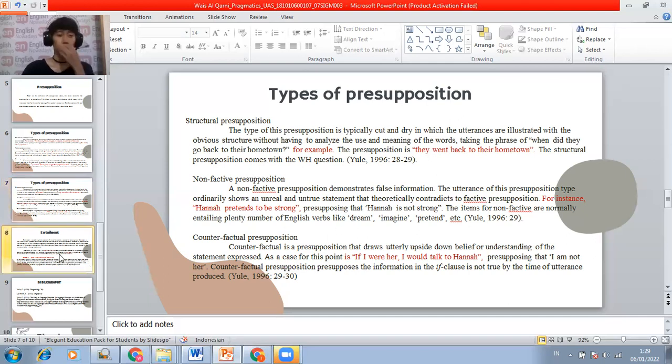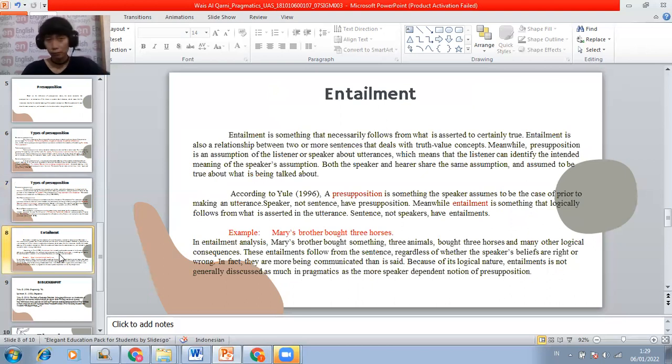Now we're moving to the entailment. The entailment is something that necessarily follows from what is certainly true. The entailment is also a relationship between two or more sentences that deals with a truth value concept. Meanwhile, presupposition, as I just explained, is an assumption of the listener or the speaker about the utterance.